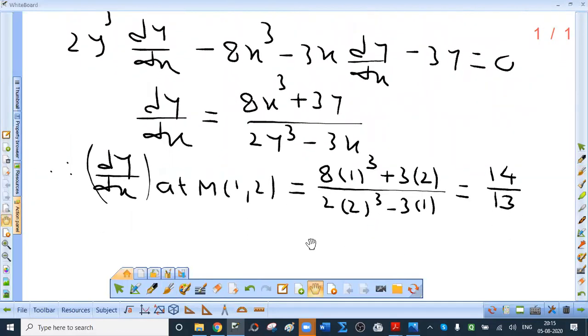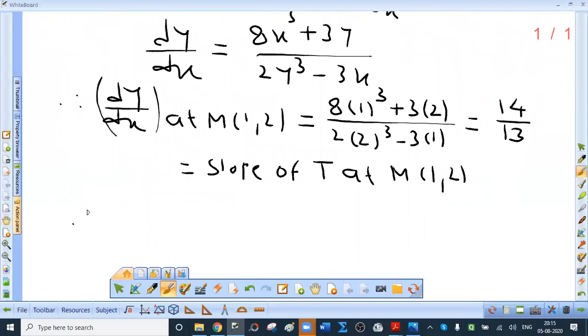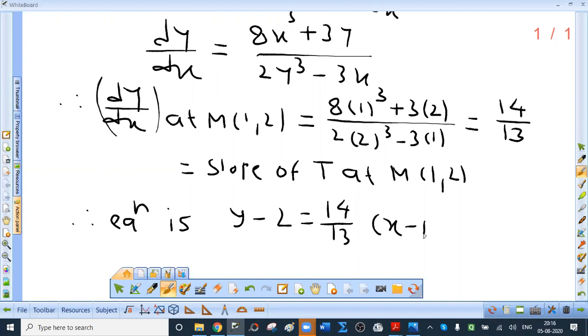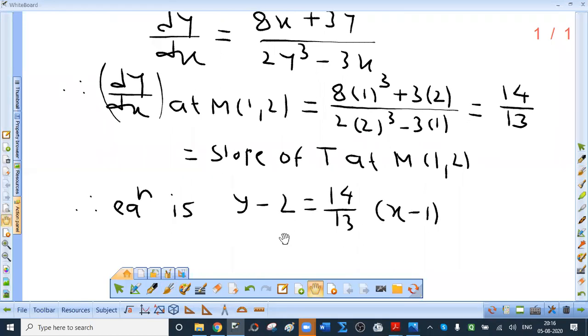Okay, so this is nothing but slope of tangent. You have to write tangent completely. T is not the standard short form. So slope of tangent at M(1, 2). So write the equation. Therefore, equation of tangent is y minus 2 equal to 14 upon 13 in bracket x minus 1.